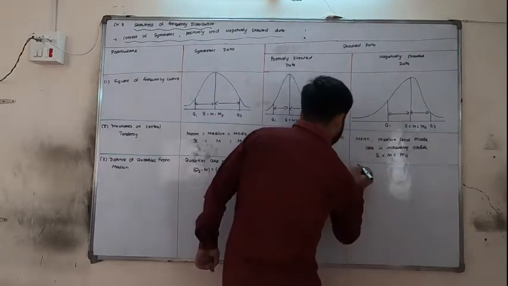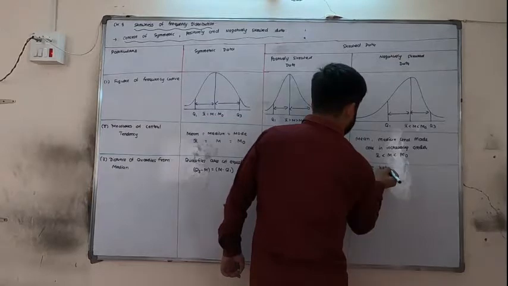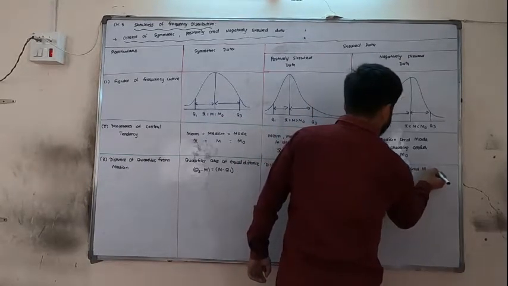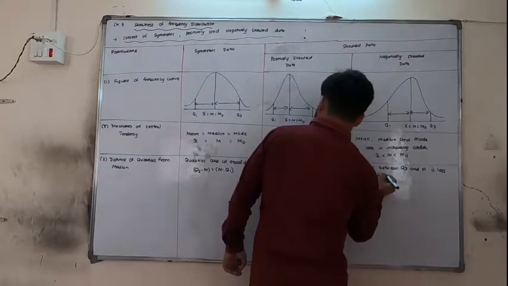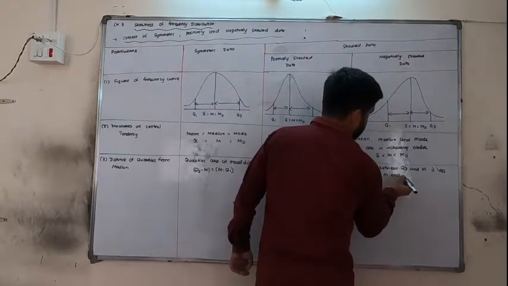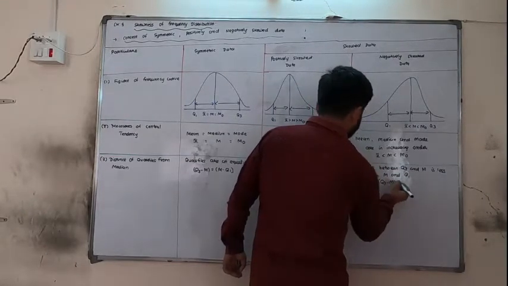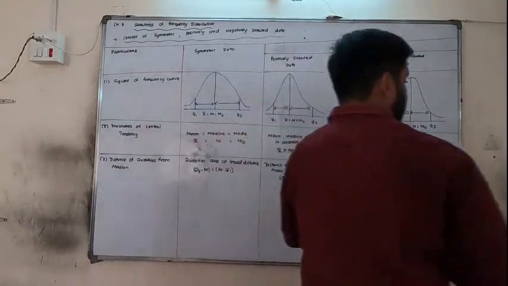So here it would be the distance between Q3 and M is less than M and Q1. So Q3 minus M less than M minus Q1.